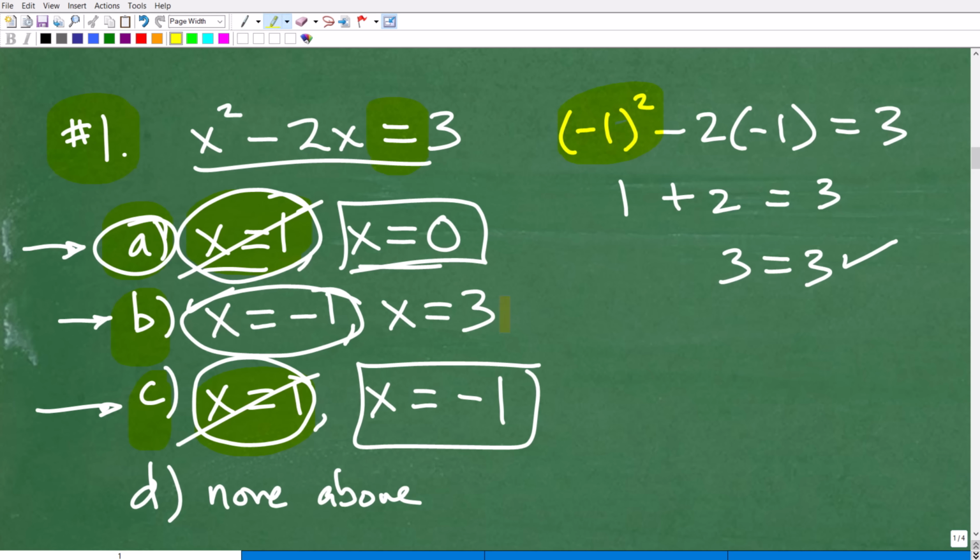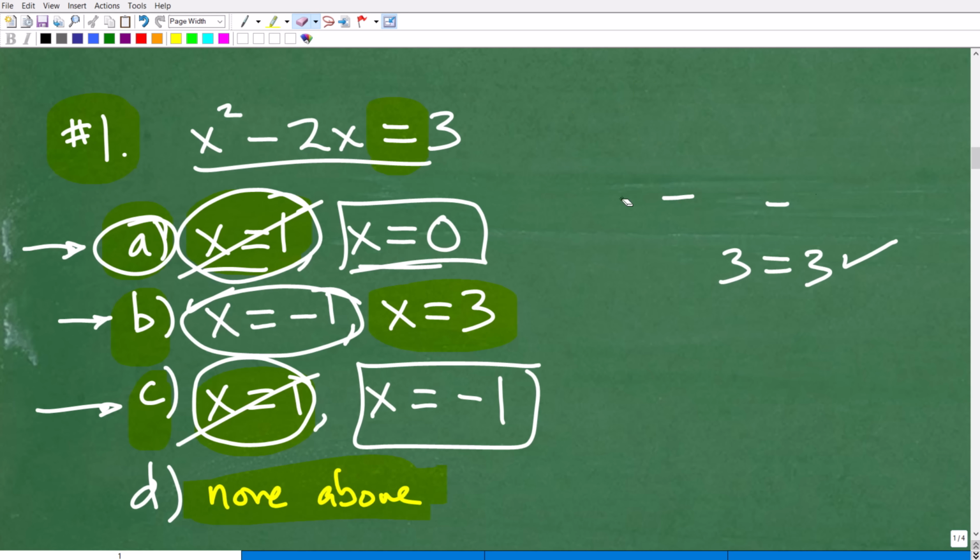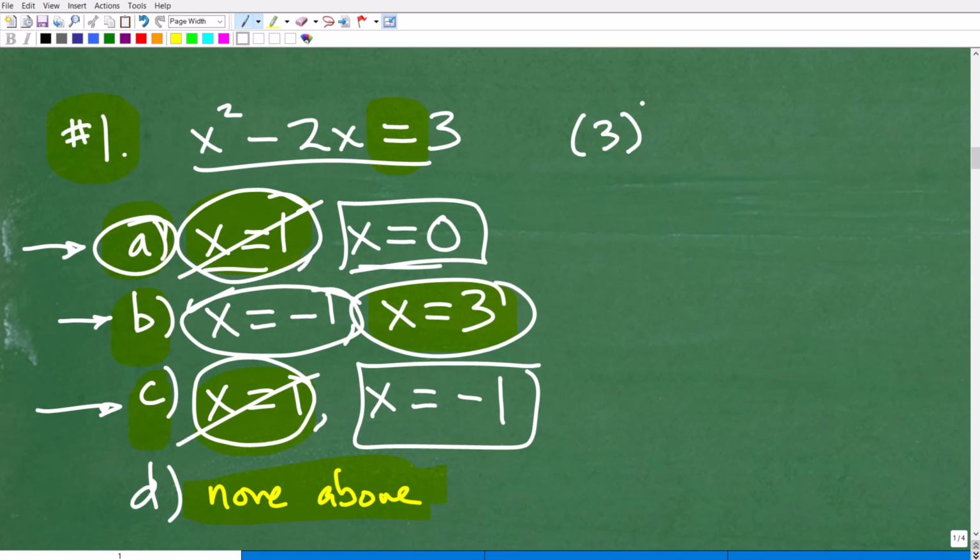But we still have to check this solution here, x is equal to 3, because if this doesn't work, then it's not going to be none of these options. So let's quickly check this. And you can see, checking solutions, you could do this pretty quickly, even without the aid of a calculator. So let's plug in 3. This would be 3 squared, replacing this x with the 3, minus 2 times 3.